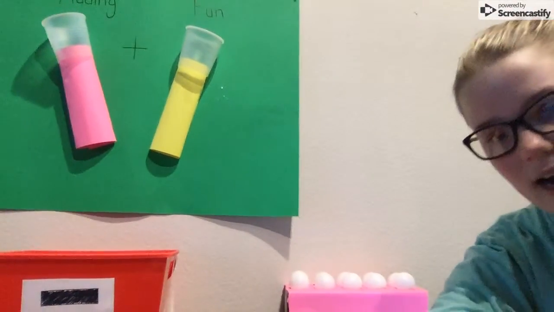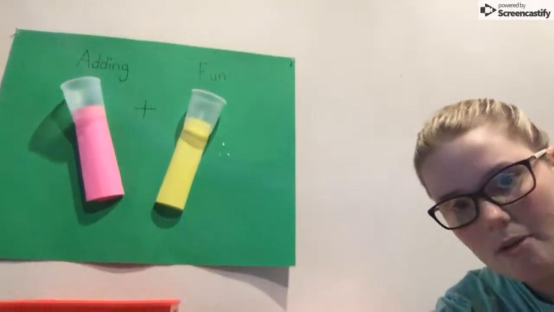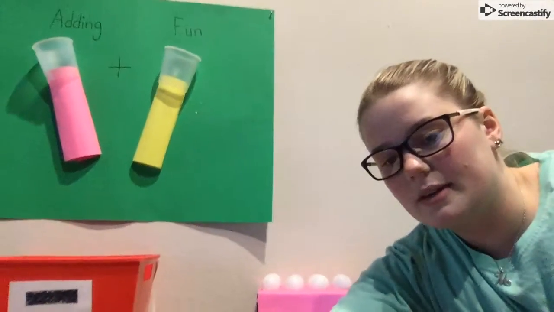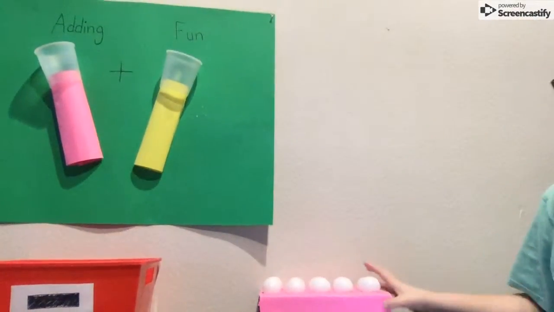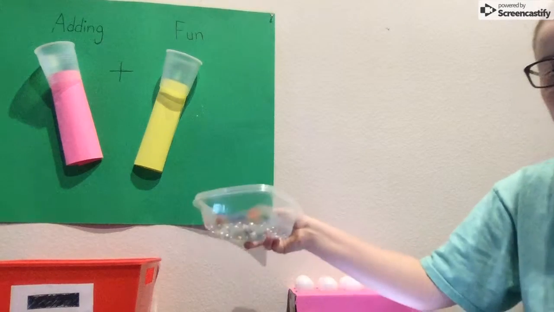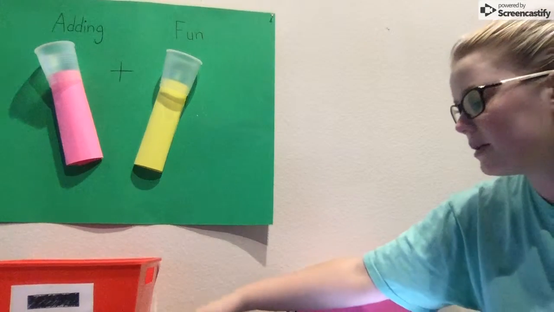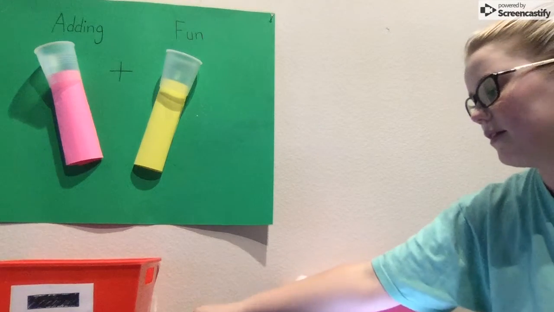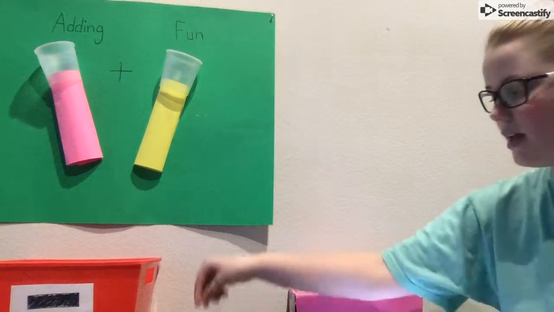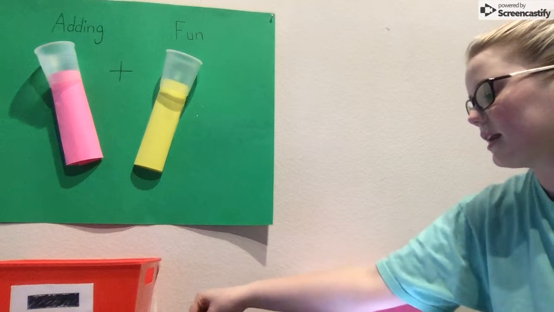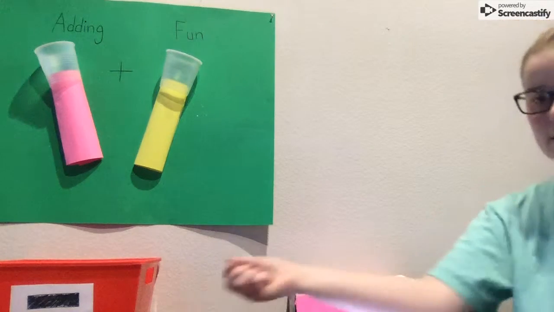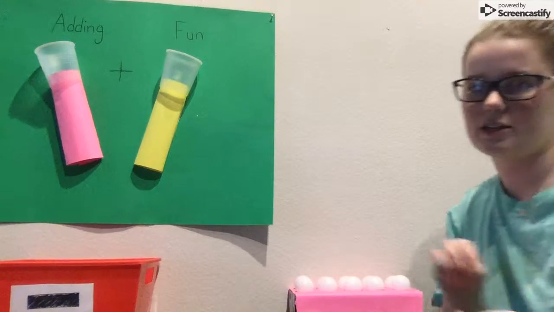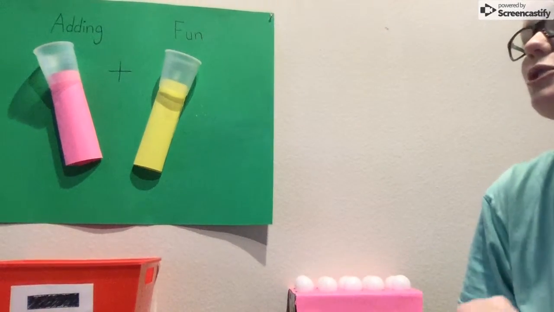So this is my math out-of-the-box idea. What the students would do is they would have a bowl of marbles, and they would take 10 out. 1, 2, 3, 4, 5, 6, 7, 8, 9, 10, and the teacher would say a math equation. So I'm going to do 3.